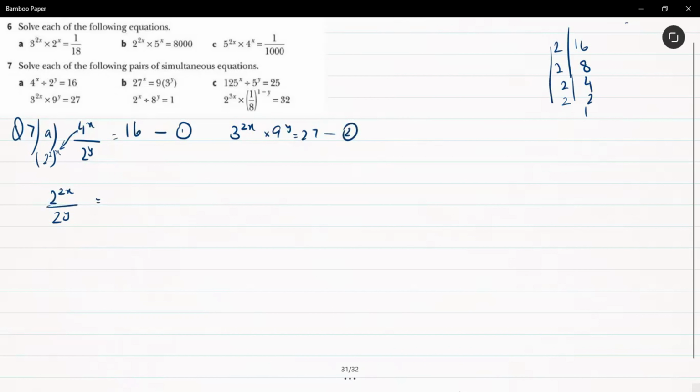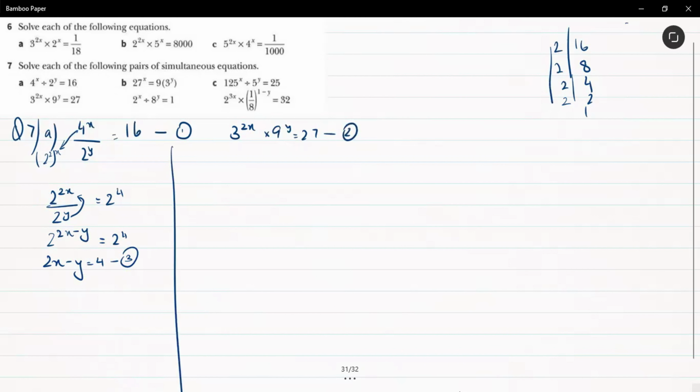So 2 raised to power 4. Now as I have the same base, I have the flexibility to equate my powers. So 2 raised to power 2x, bring this y into the numerator, so that would mean negative y, is equal to 2 raised to power 4. And we would get 2x minus y is equal to 4. This is our equation number 3, which we have deduced out of this.